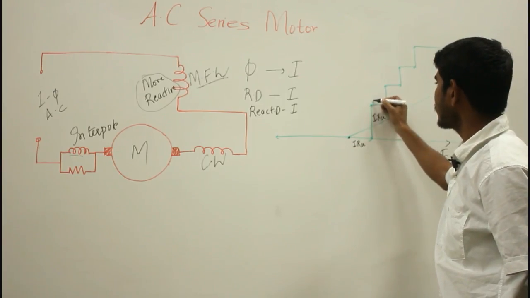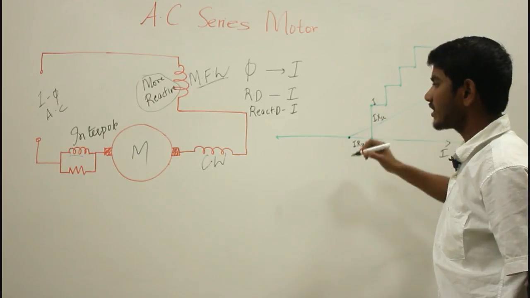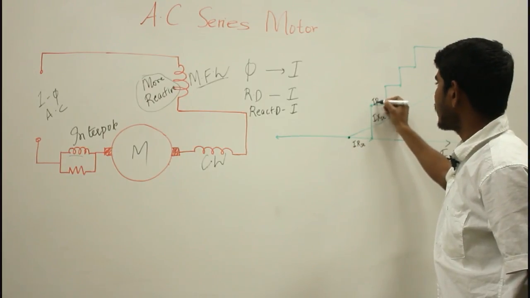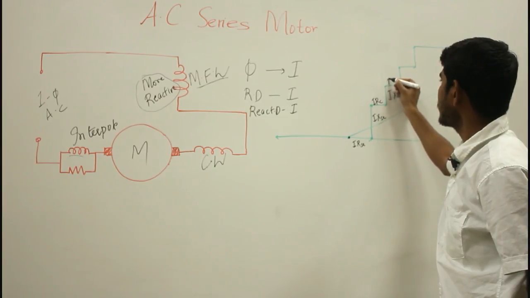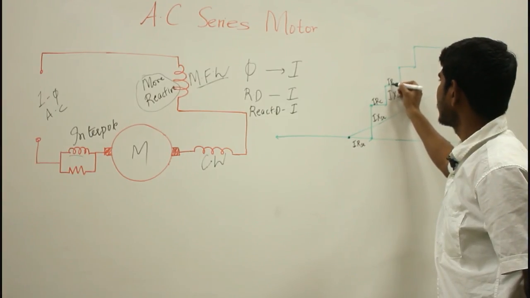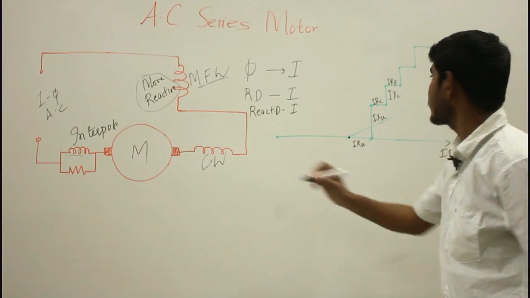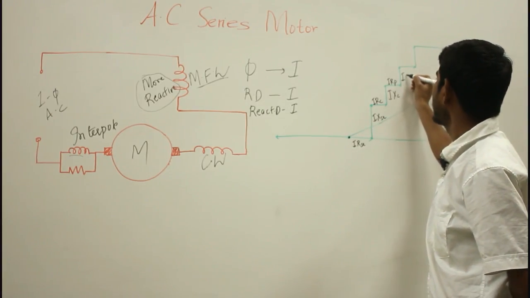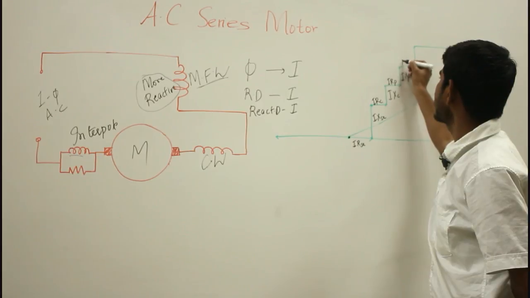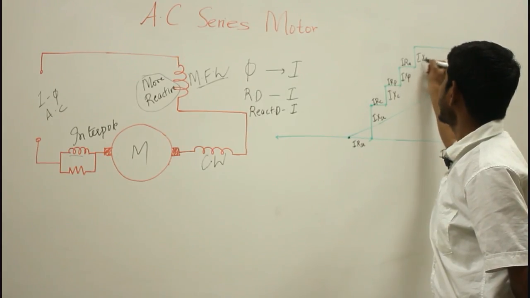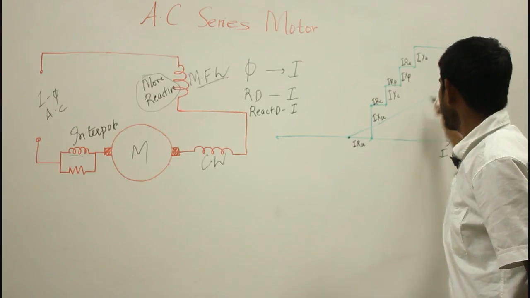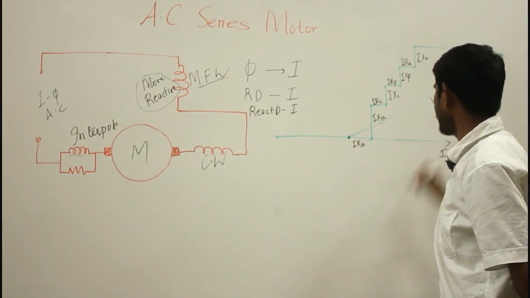Then the next, the compensating winding I R C, this will be I X C, then I R P, that is the interpole resistance drop, and this will be I X P, this is I R A, this will be I X A. So this is your terminal voltage V.